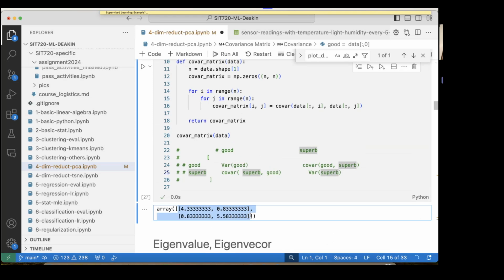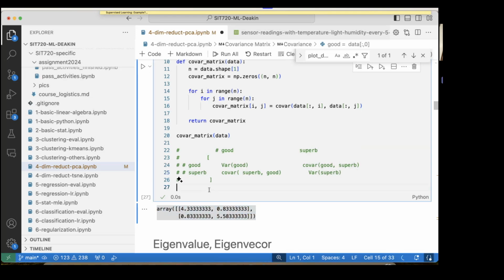So what you need is this matrix to get a vector to do the dot product with the original feature, as Baron said at the beginning, okay? This is our goal.